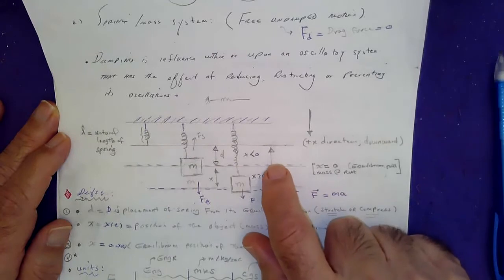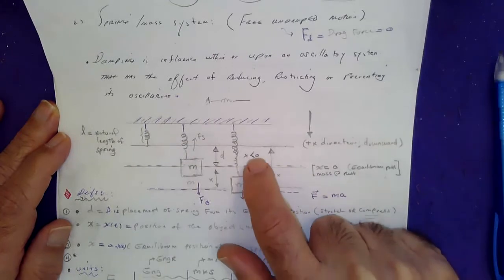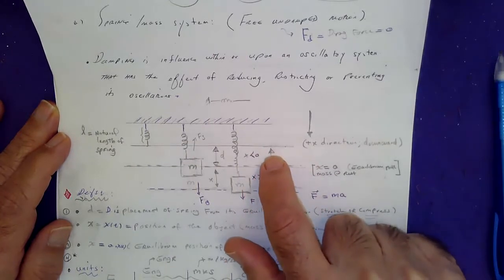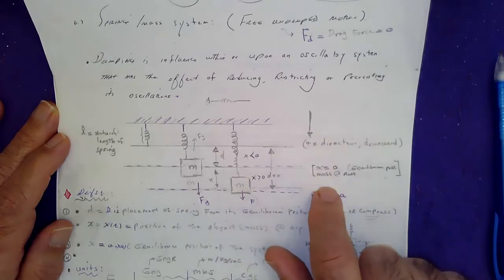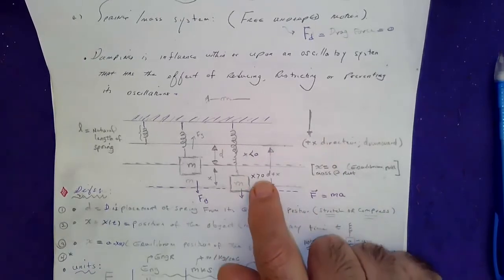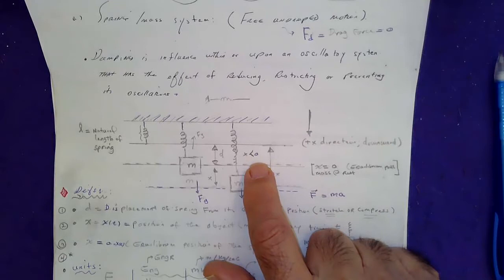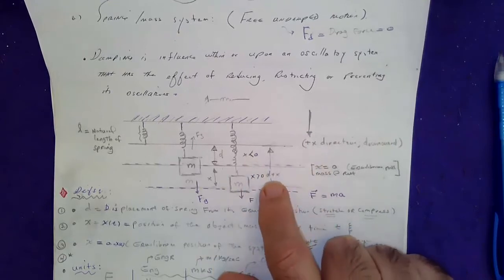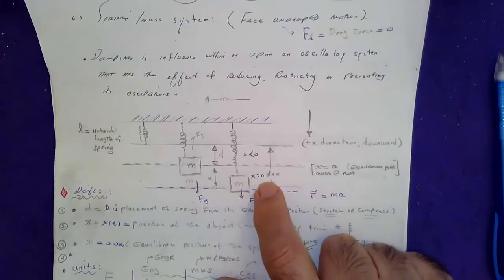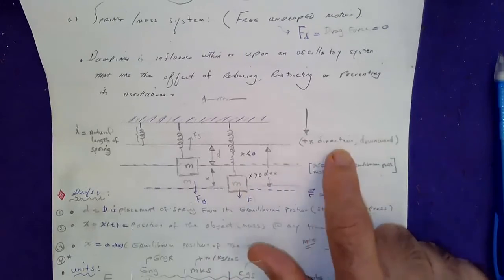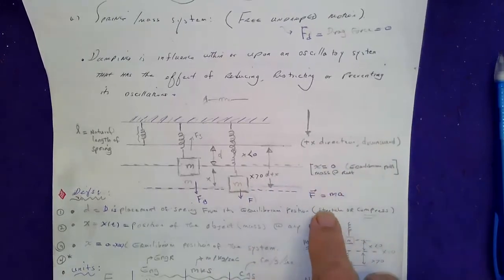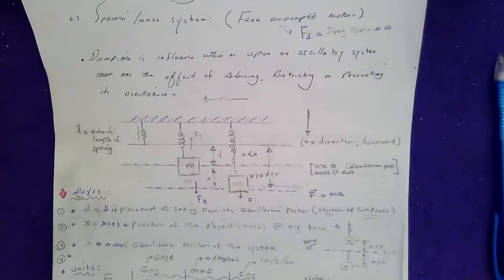We're going to assume that if the mass goes above the equilibrium point, you have negative displacement, and below it is positive. So positive direction is downwards and negative direction is upwards. So some definitions.